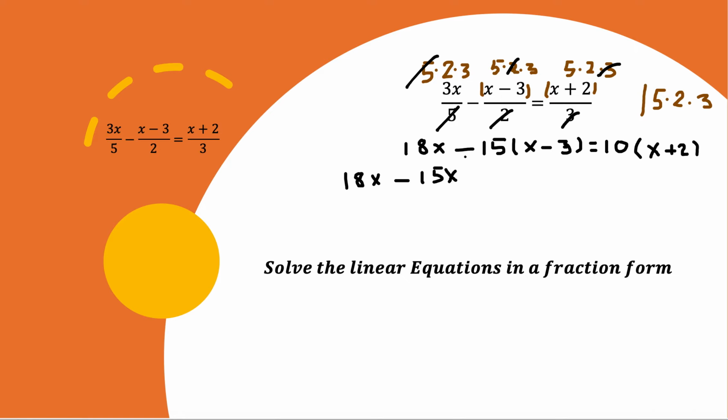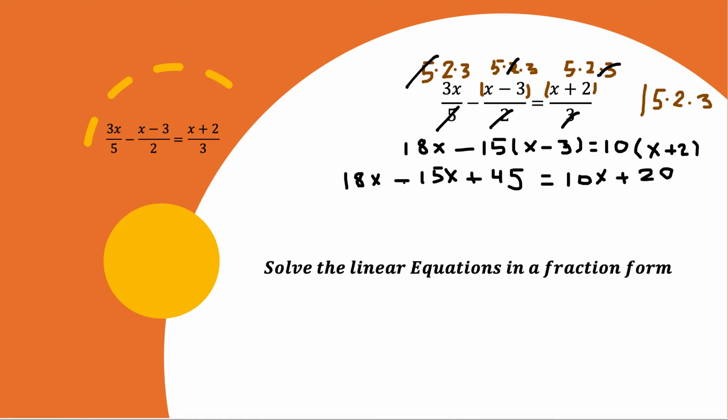And the other term is negative times negative, a positive, and 15 times 3 is 45. So we are at this step, and this is equal to 10 times x, which is 10x, and here 10 times 2 is plus 20. So we are at this step here.